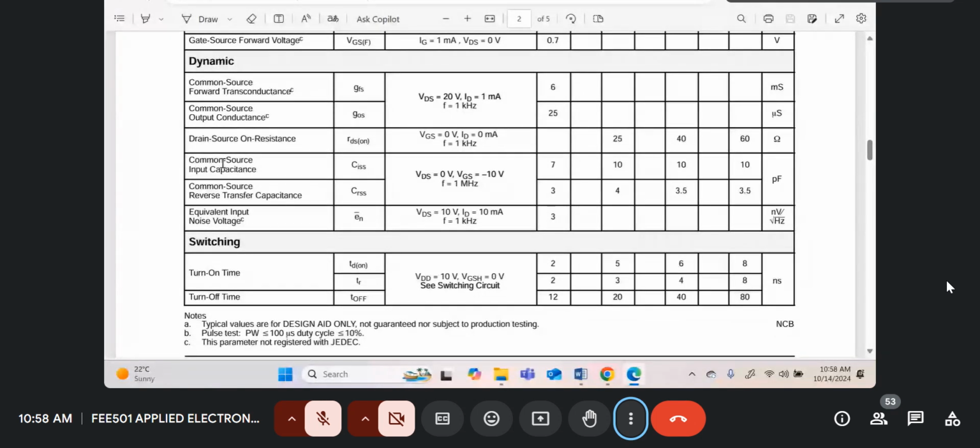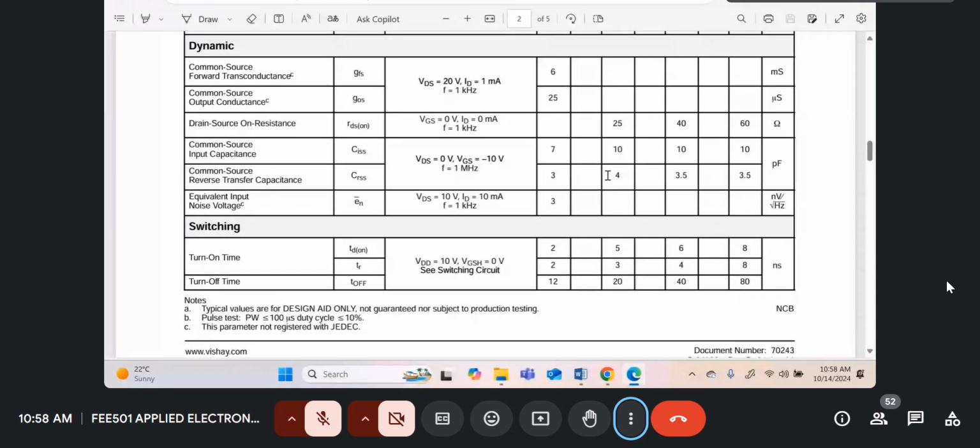So look over here. The common source means this is the capacitance between the gate and the source. It's typically on average about 10 picofarads. And then this one has only given the capacitance between gate and source.